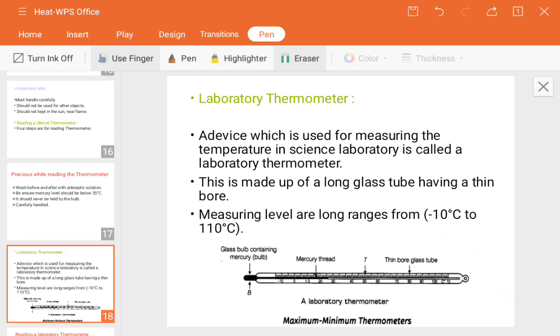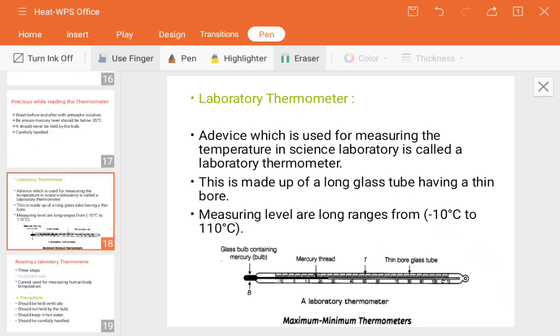So these are also called maximum minimum thermometers. It is used on TV to tell what the weather range is today, and in newspapers also. So today's weather and all these things get measured by this, which is why it's called a maximum minimum thermometer.